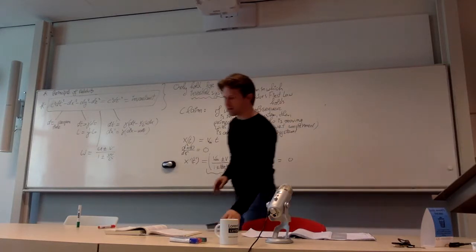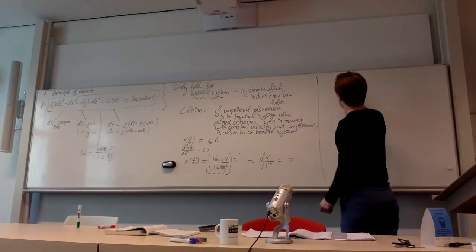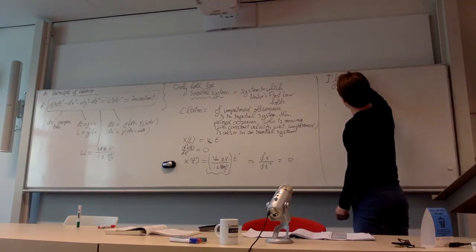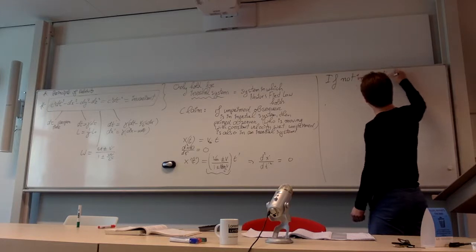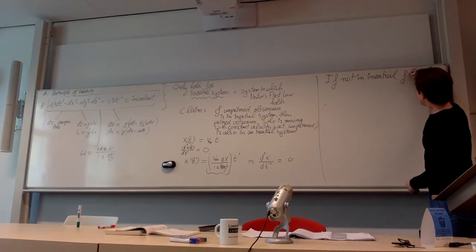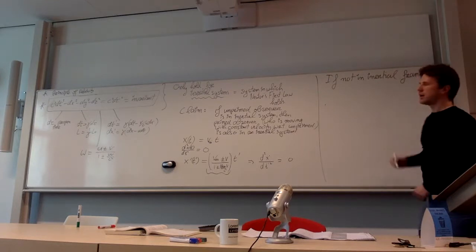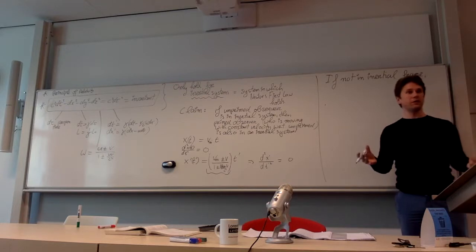Okay? So let's write this down here because it's an extremely important step towards general relativity. If not in an inertial frame, these are just the steps that I made a second ago. If you're not in an inertial frame, objects will have accelerations without there being forces on them.